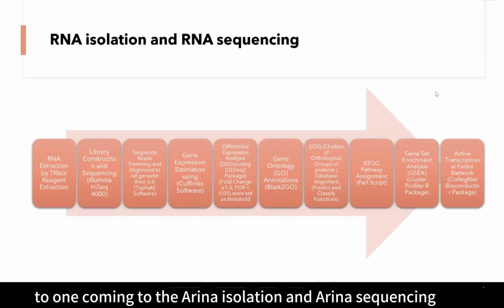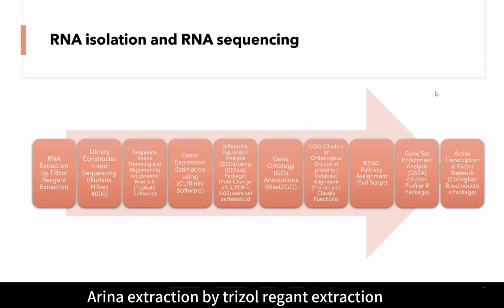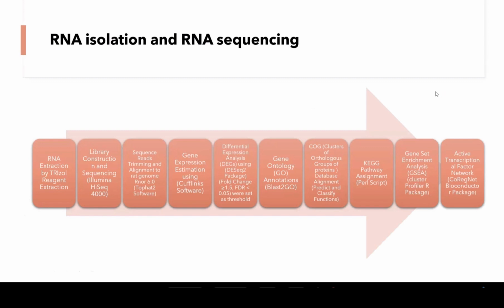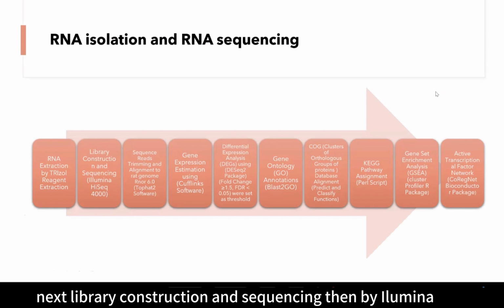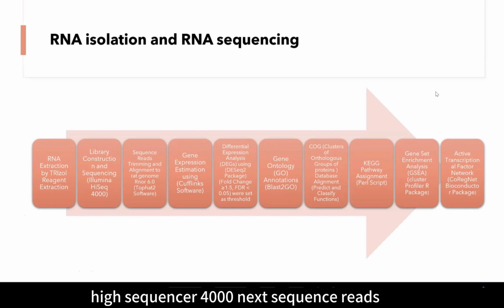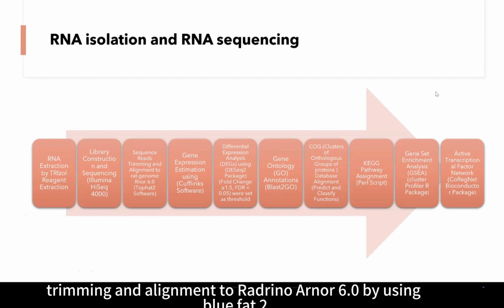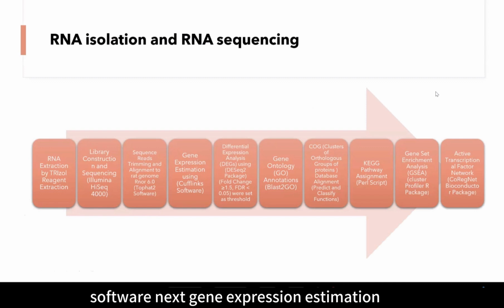Coming to the RNA isolation and RNA sequencing: RNA extraction by TRIzol reagent. Next, library construction and sequencing done by Illumina HiSeq 4000. Next, sequence reads trimming and alignment to the rat genome RNOR 6.0 using TopHat2 software.